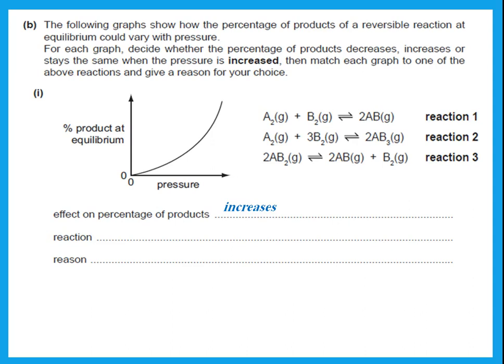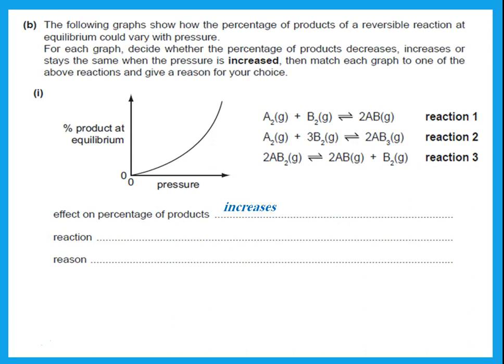In this kind of reaction, when the number of moles on both sides of the arrow are the same, remember we said changing pressure will have no effect. Because you know that increasing pressure, the reaction goes to the side with less number of molecules. Where there is no side with less number of molecules, both of them are the same. That means increasing pressure or decreasing pressure will have no effect on reaction number 1.